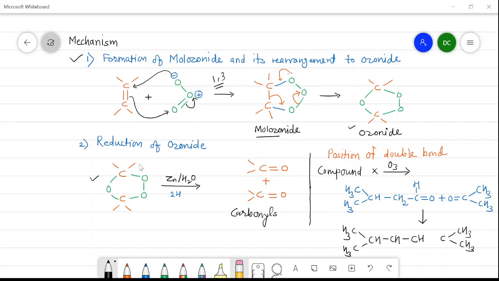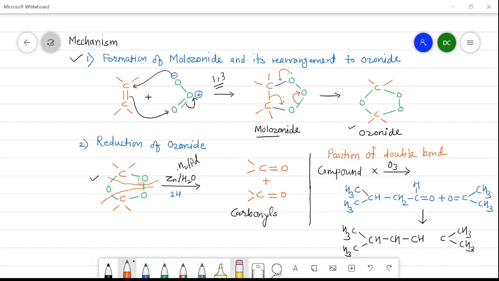Then this ozonide undergoes reduction in the presence of zinc and water or hydrogen and palladium. We just have to break this molecule in such a way that there is a breaking of this oxygen-oxygen bond, and we will draw like this.